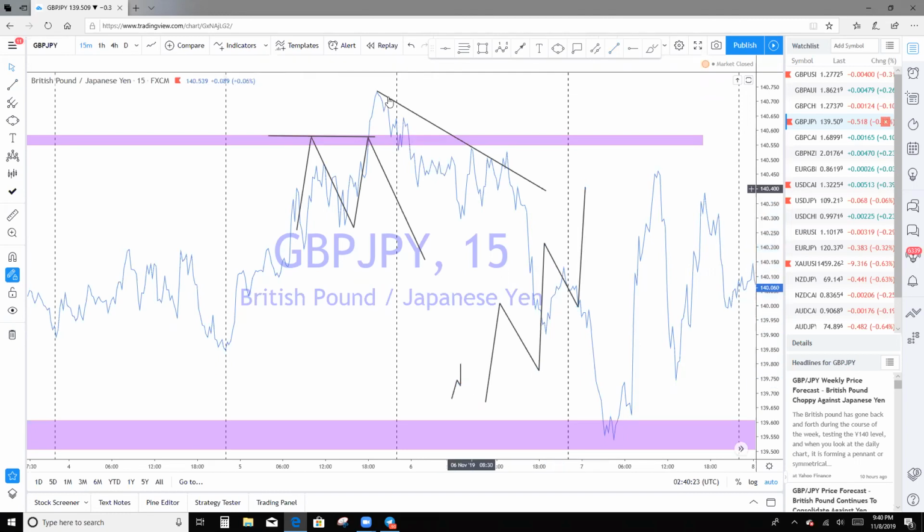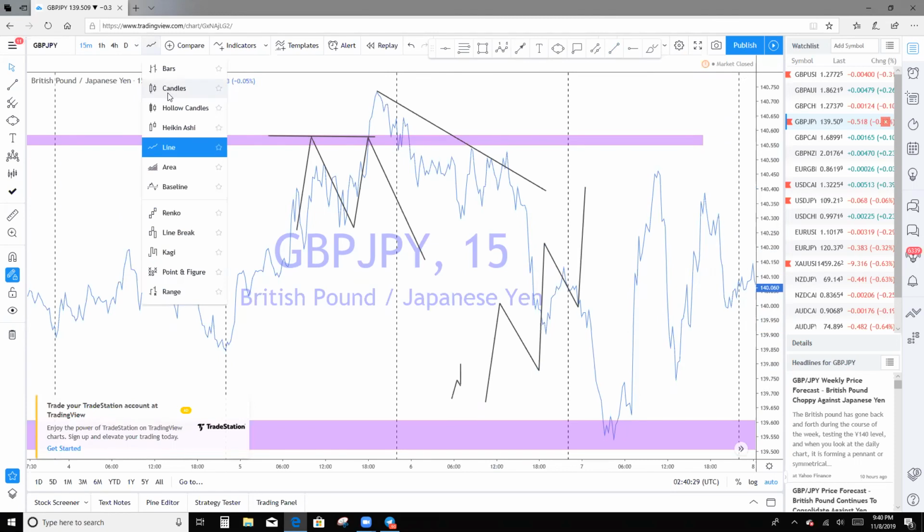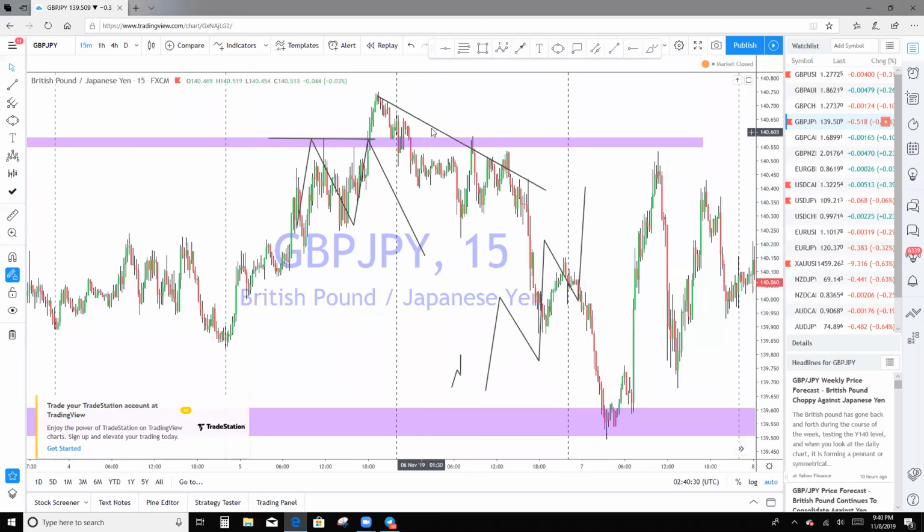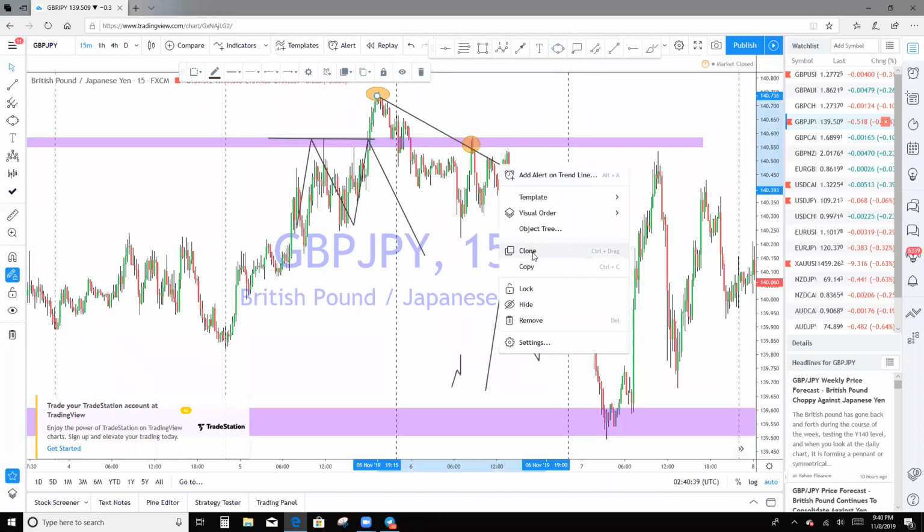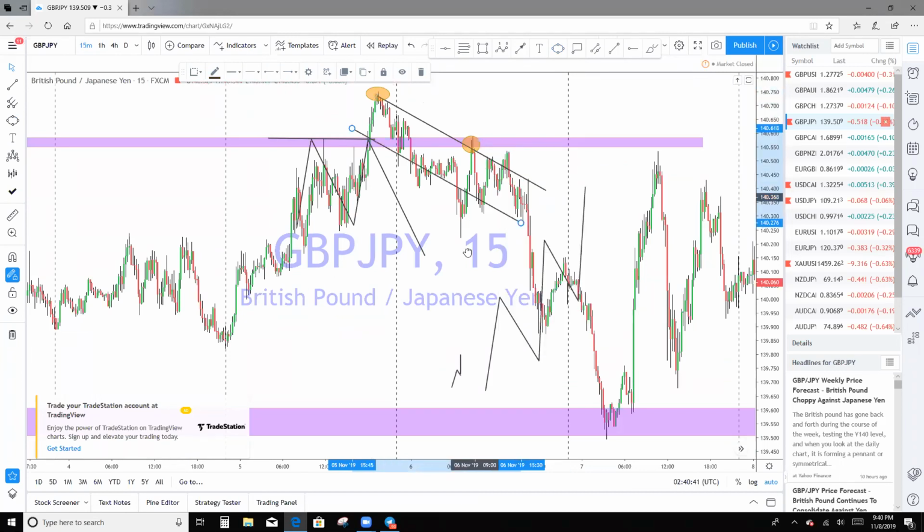So the moment you saw this pullback here, you could have told yourself, peak. Even if I clone this line, like Jeff said, and put it here, my best entry is on this line.